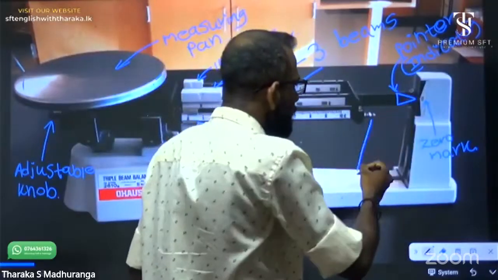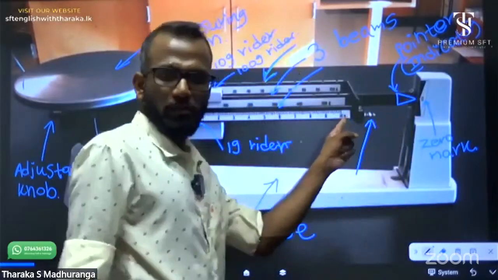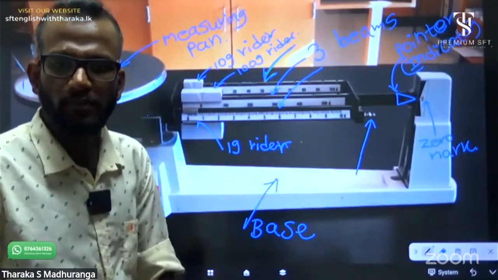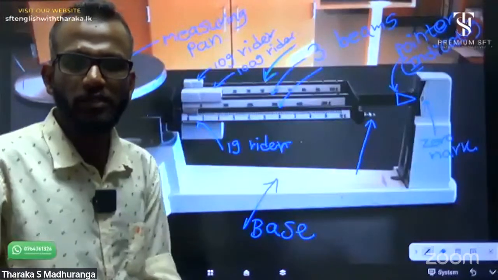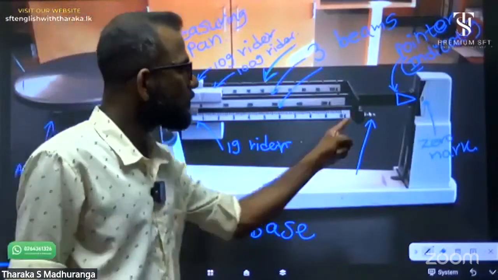There is another one that is not given in the tube. Please check your tube.